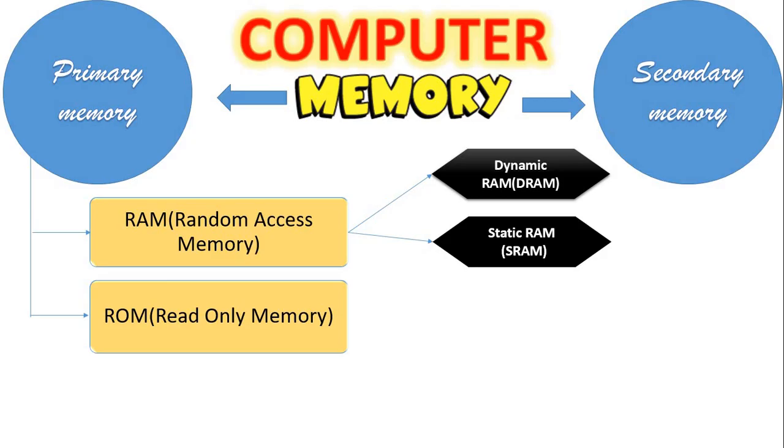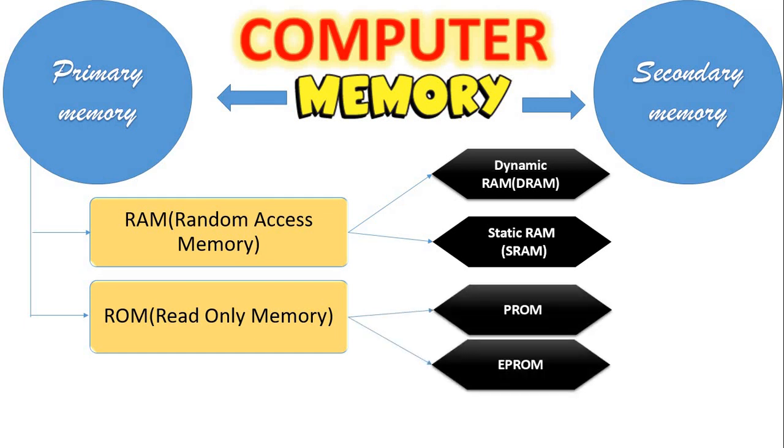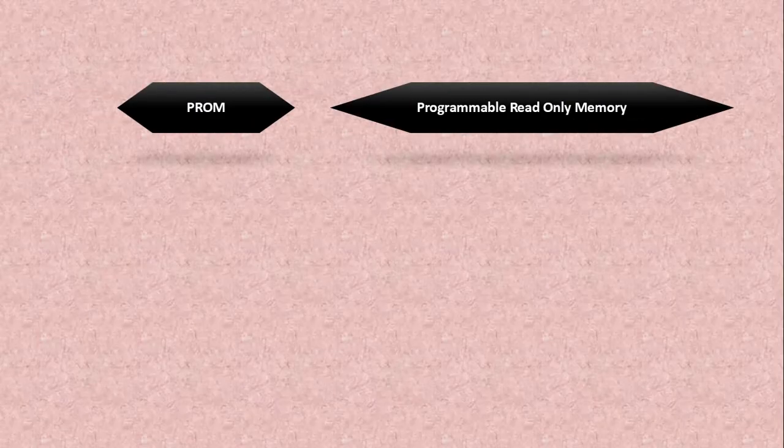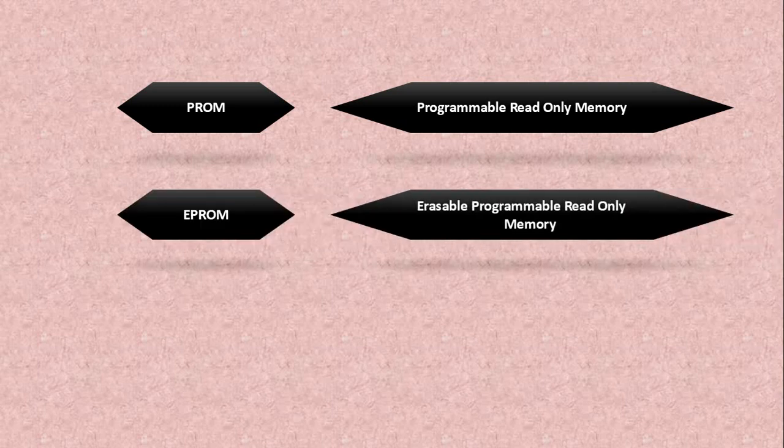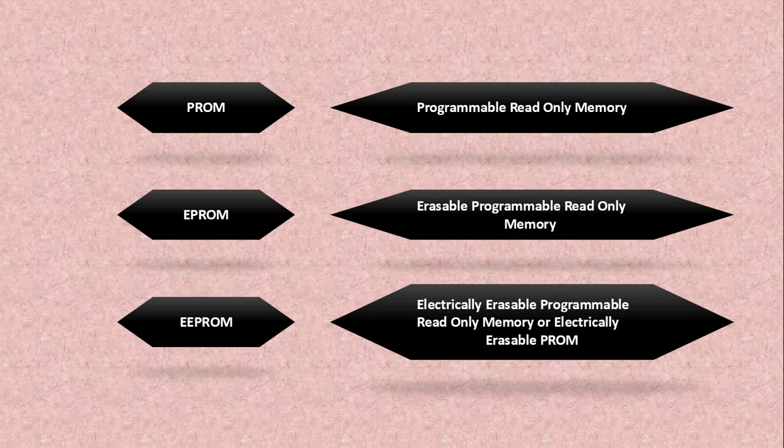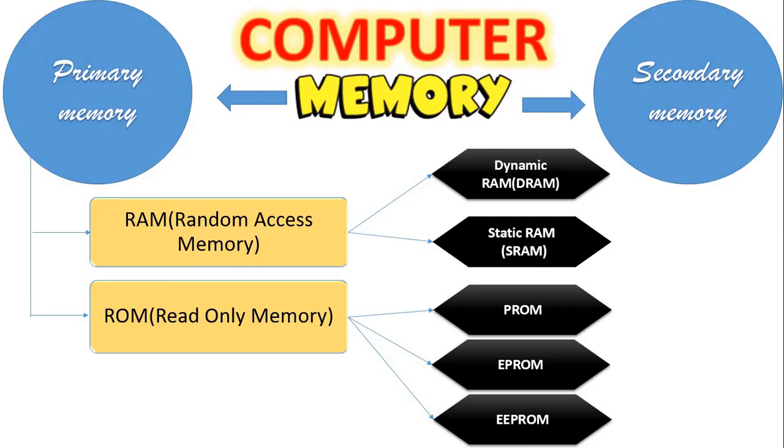ROM is further classified as PROM, EPROM and EEPROM. PROM stands for Programmable Read-Only Memory, EPROM stands for Erasable Programmable Read-Only Memory, and EEPROM stands for Electrically Erasable Programmable Read-Only Memory or Electrically Erasable PROM.